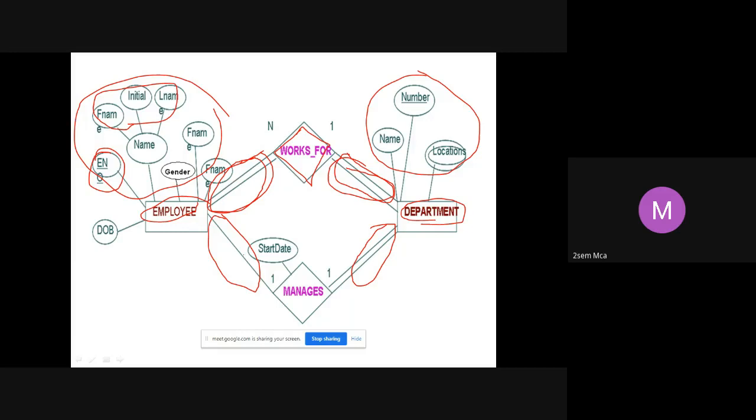So, partial participation means every employee cannot be a manager or need not be a manager. There is only one employee who will be acting as a manager. Correct? There is only one HOD for the department, but the HOD is also an employee. Correct? It's like that. All the employees, all of us work for the MCA department. You have to work for some department.